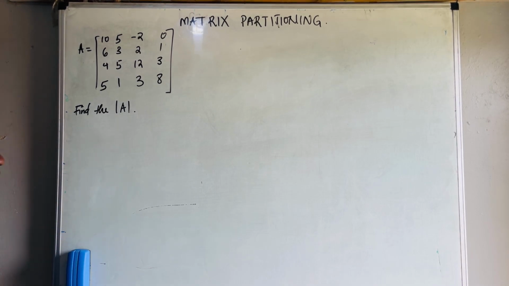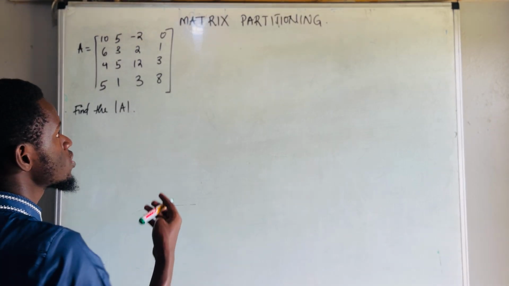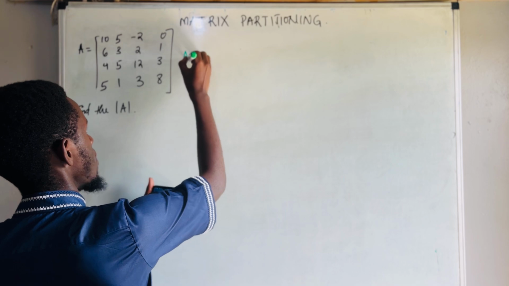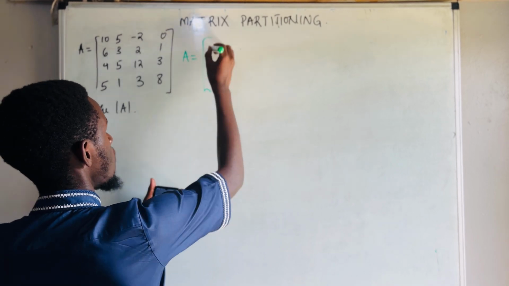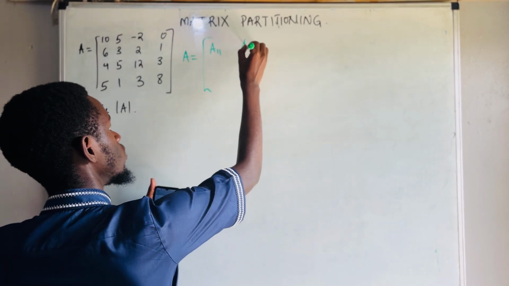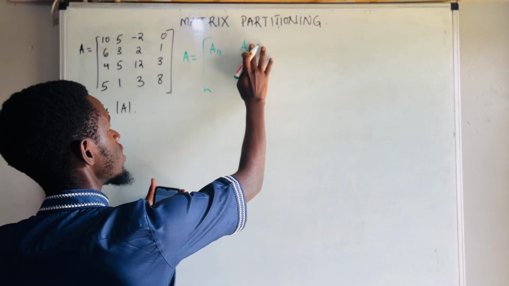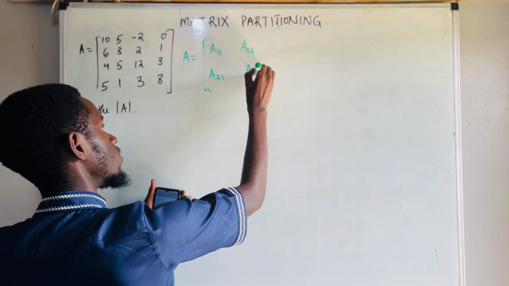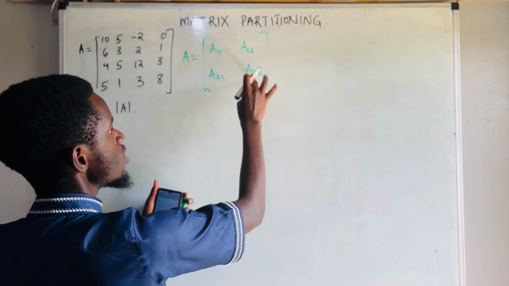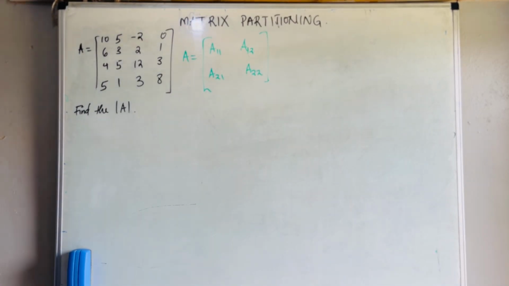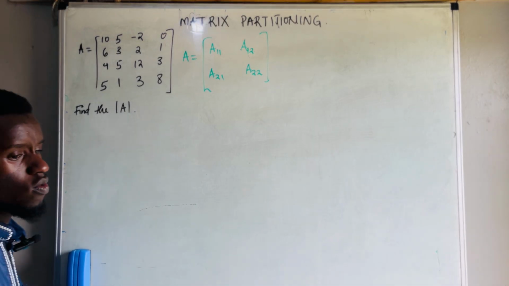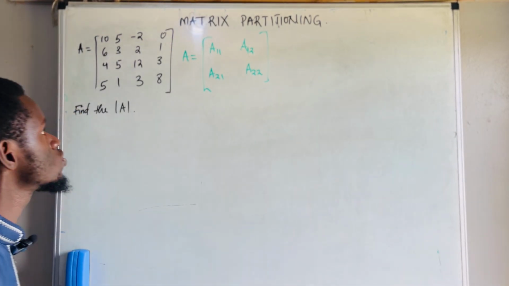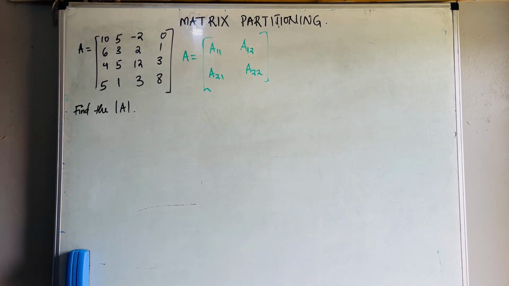We can partition our matrix in the form A11, A12, A21, A22, such that A11 and A22 are square matrices. For that, we just need to divide this matrix of ours in this way.